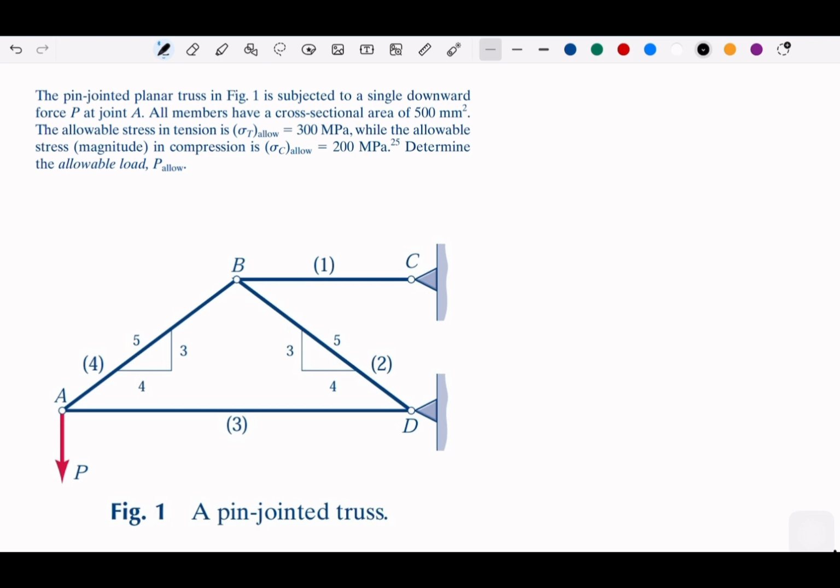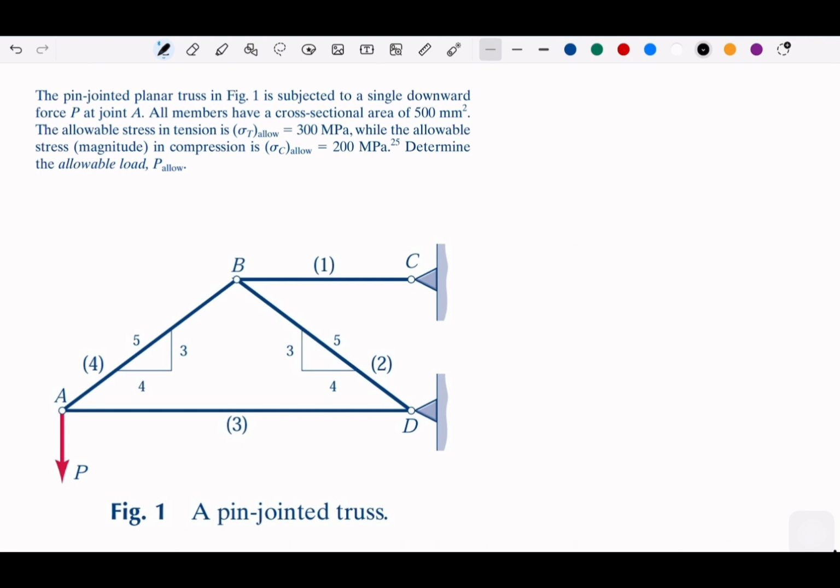So if we see the truss, we are given the 3-4-5 ratio for members 1 and 4 and 2, which means we are going to include that in our diagrams. Okay, and since this is our external force, then we could take this member into our observation.